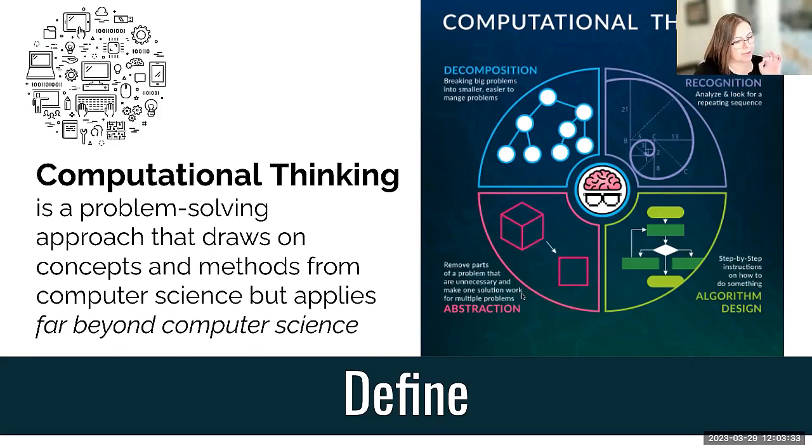Abstraction, I might say, okay, I'm trying to plan my day, but there are things that I really don't have to do today. So I'm going to remove parts of my problem that are unnecessary and make one solution work for multiple problems. I'm trying to get through a busy day. I really need to mount a new curtain rod upstairs in my house. But I could actually leave that till the weekend.